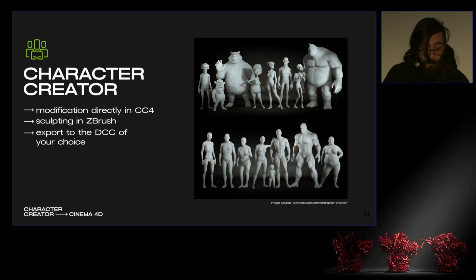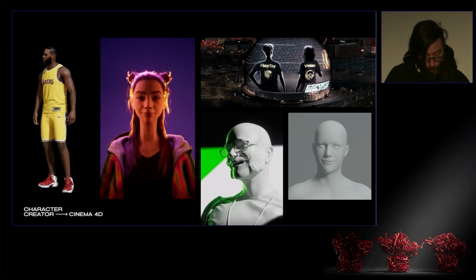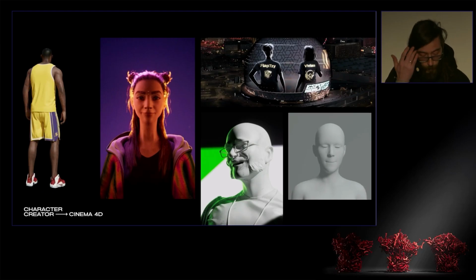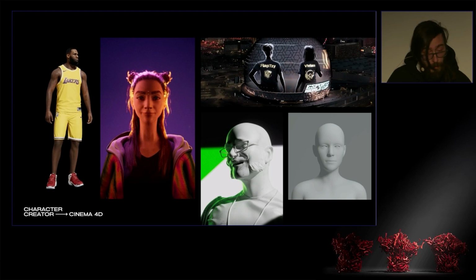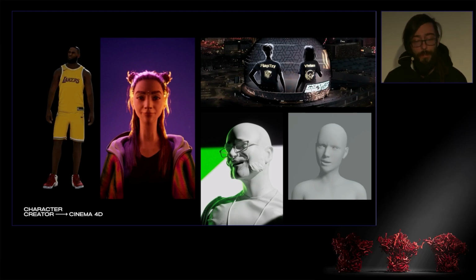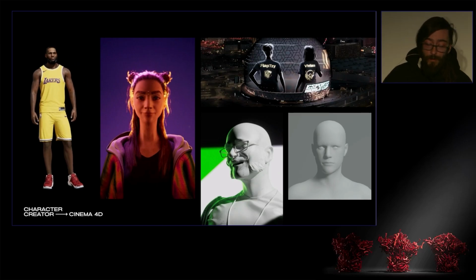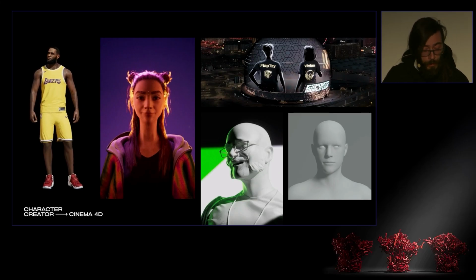You could go ahead and modify this base mesh directly in Character Creator, or you can export it to ZBrush via the GoZ function, or export it to any DCC you like. We already used this workflow in some of our most recent projects, and also for the last 2 years, we experimented a lot with it to see what is possible.